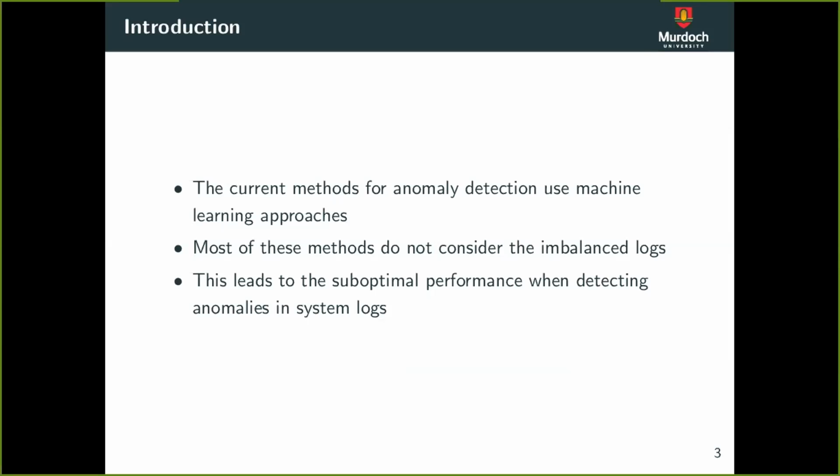The current methods for anomaly detection use machine learning approaches. However, most of these methods do not consider imbalance log data, which means anomaly data is a much smaller number compared to the normal data. So this leads to suboptimal performance when detecting anomalies in system logs.